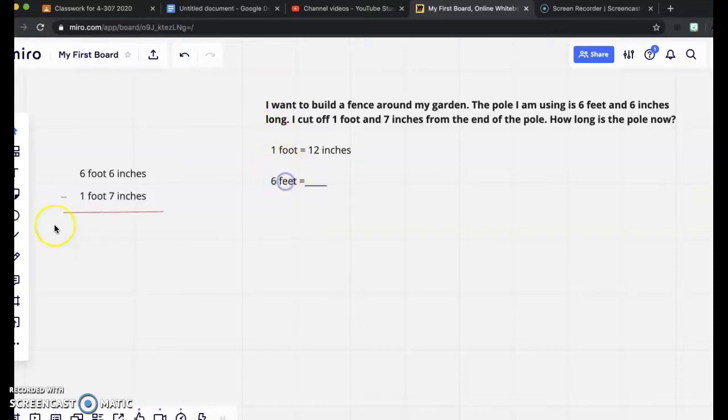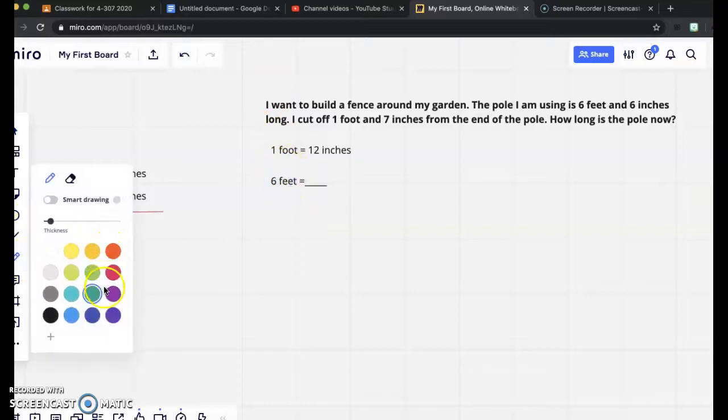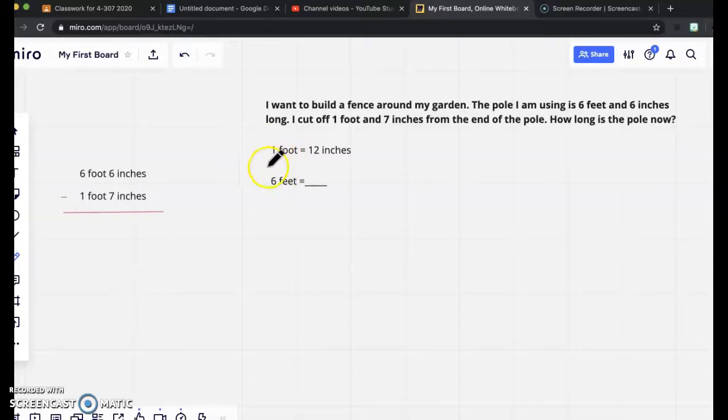And I'm going to move this down so we have some room to work. Let's convert. 1 times what makes 6? 6. 1 times 6 makes 6. And what we do to one side, we do to the other. 6 times 2 is 12. 6 times 1 is 6.